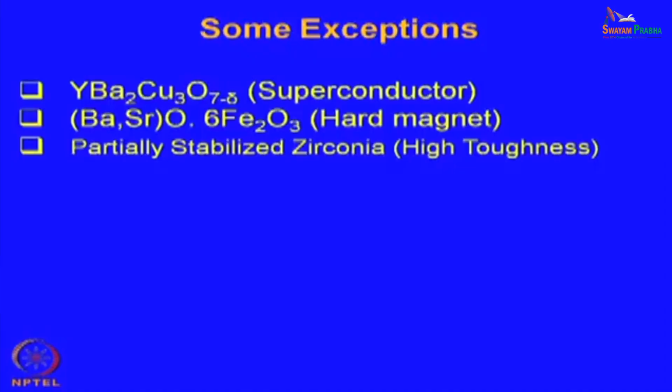So, that is one of the tough materials. Of course, compared to steel, it is much less tough, but compared to many other ceramics, it is much tougher. We will discuss them later on.